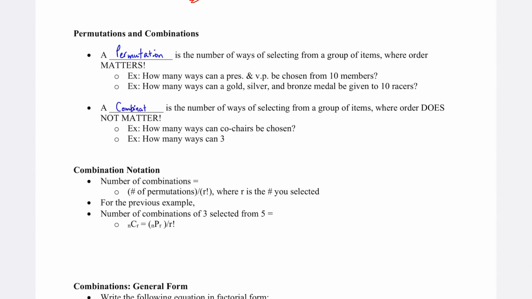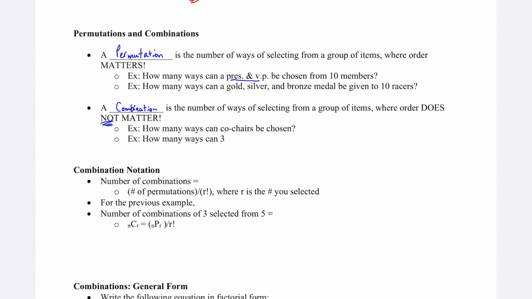A combination is the number of ways of selecting from a group of items where order does not matter. Key word here is it does not matter. Example, how many ways can co-chairs be chosen? In other words, there's no difference between the 2 roles, as you saw in the previous question with a president and vice president.